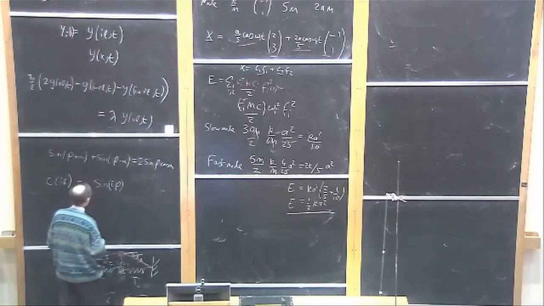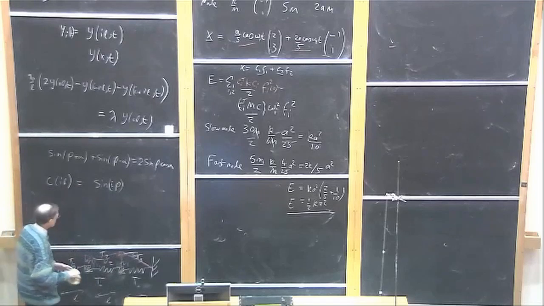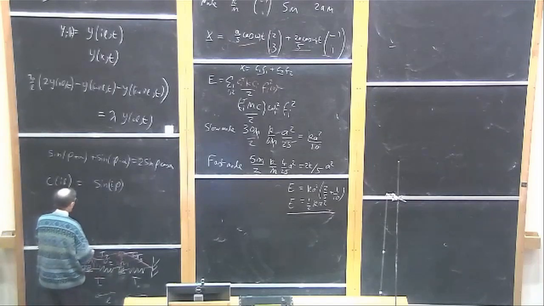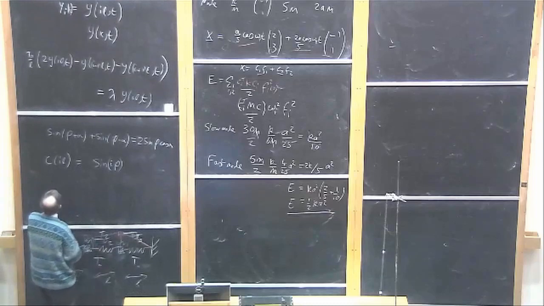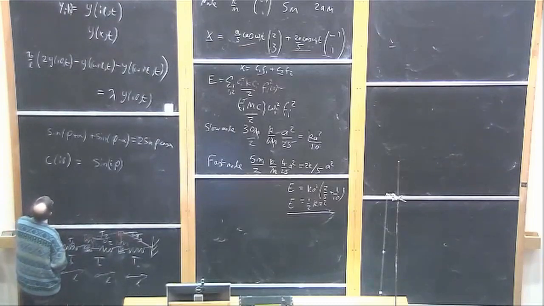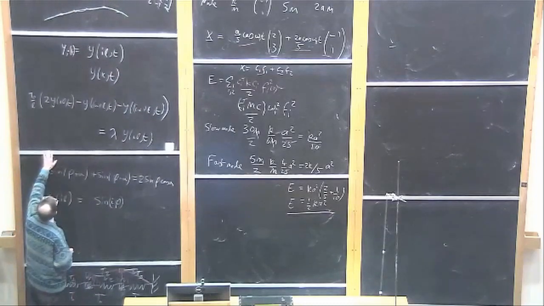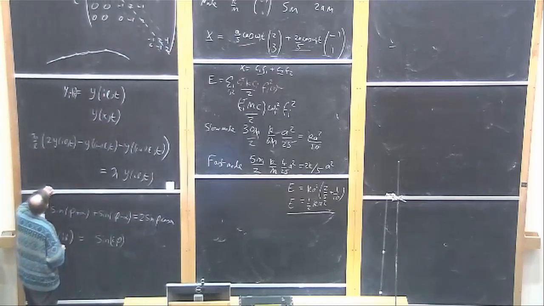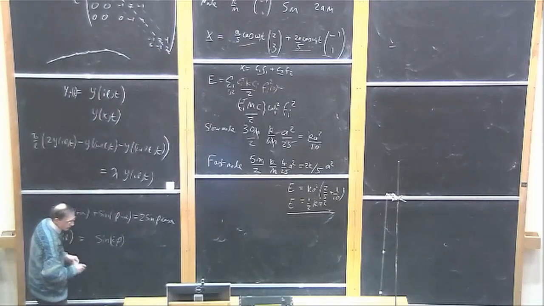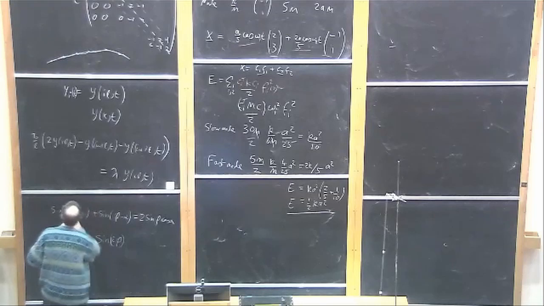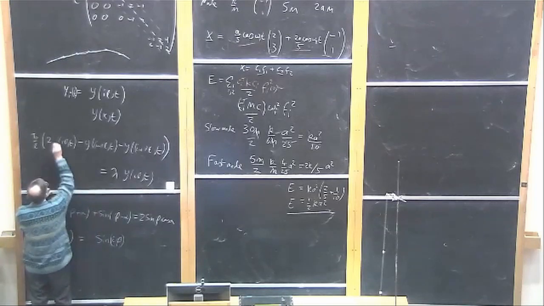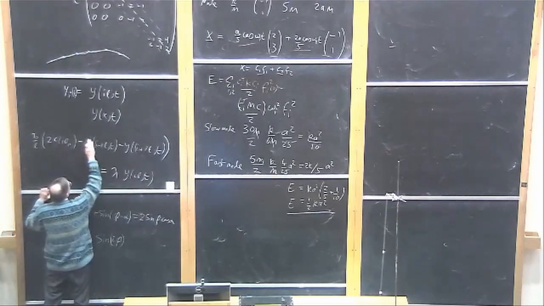Okay. So then, if we put that into here, sorry, I wrote this for y. Really, this was the eigenvalue equation. This was really c, and it didn't depend on t.